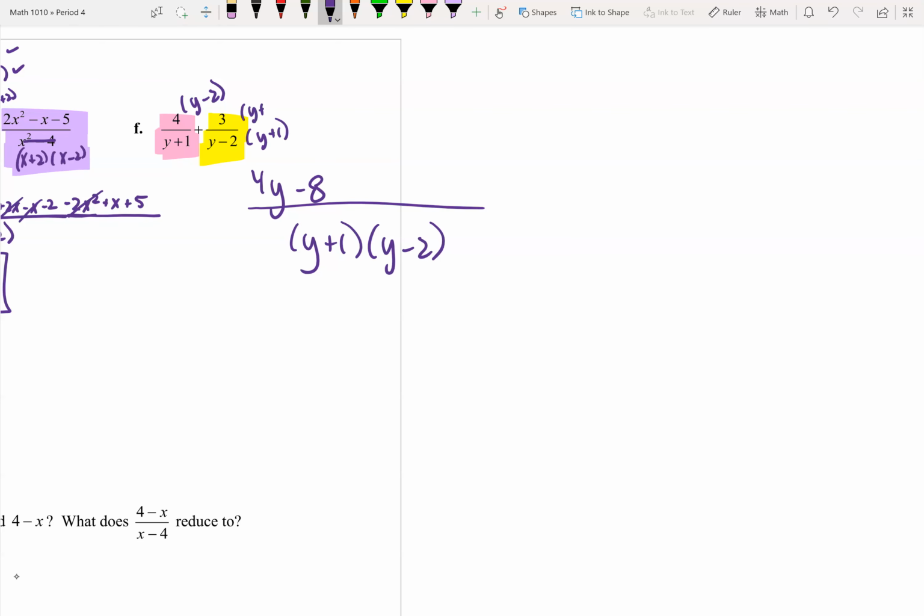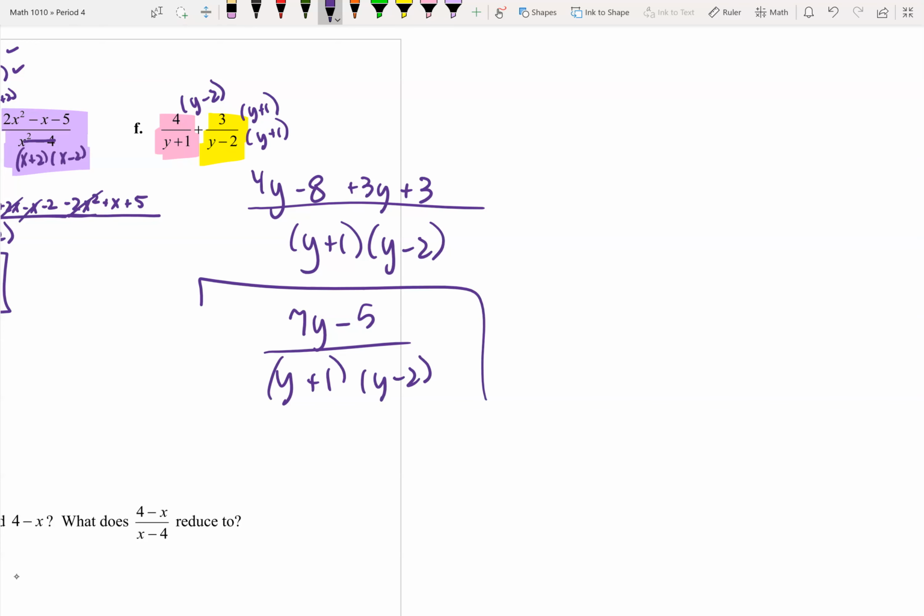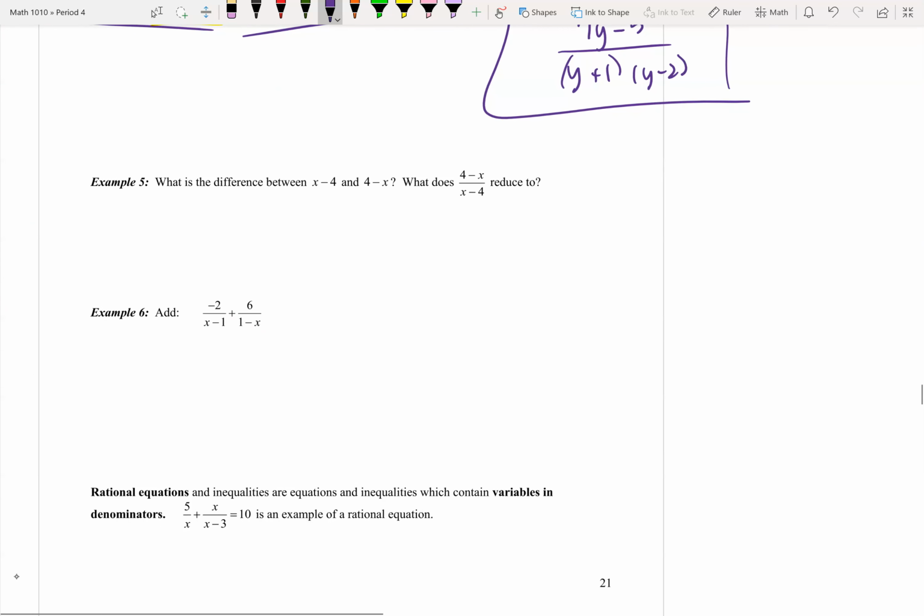So distribute the 3, and you have 3y plus 3. Clean it up: 7y minus 5 over (y plus 1)(y minus 2), and there's nothing you can do. Who says, I'm fine, I am totally fine? Okay, yay.